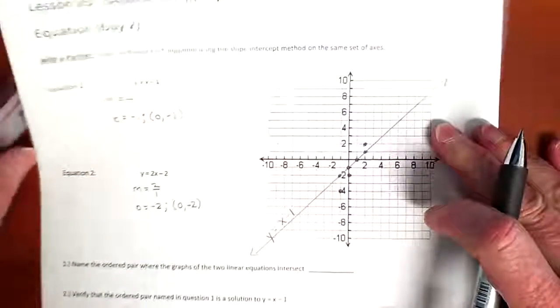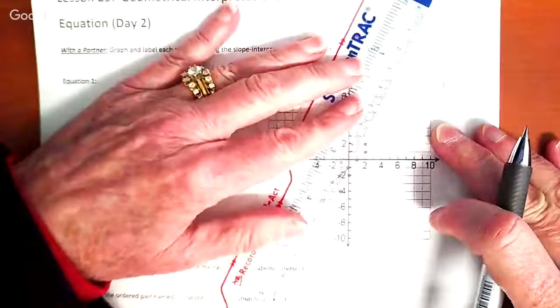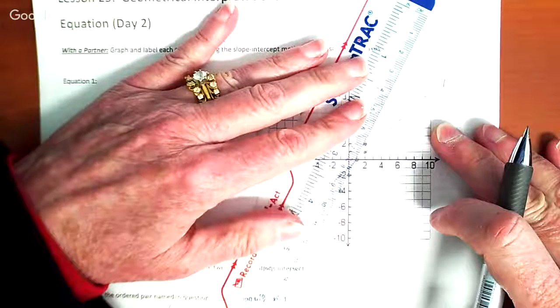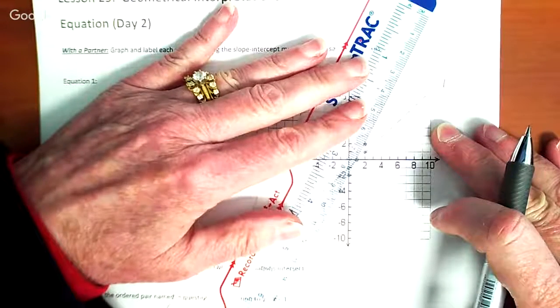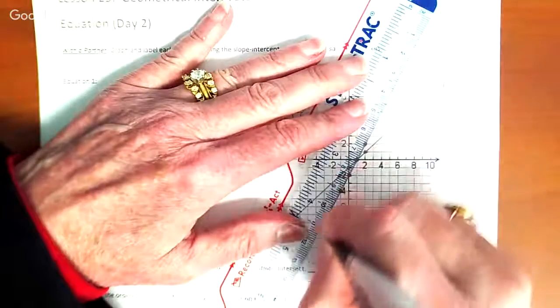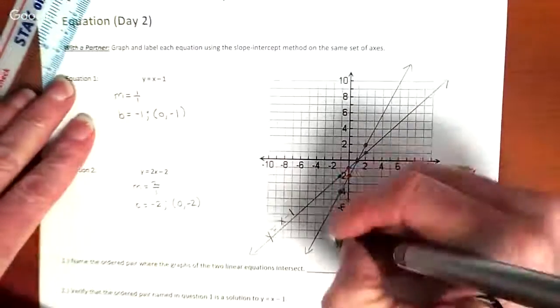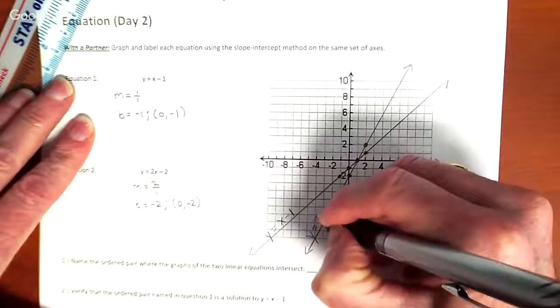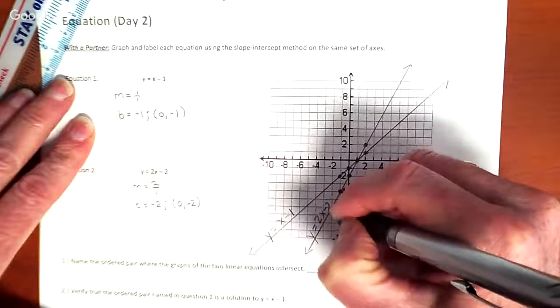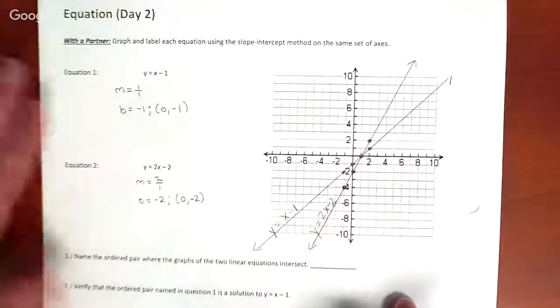So here are our points for that one. So I'm going to draw that, and again, through the entire graph. And our graph is y equals 2x minus 2.